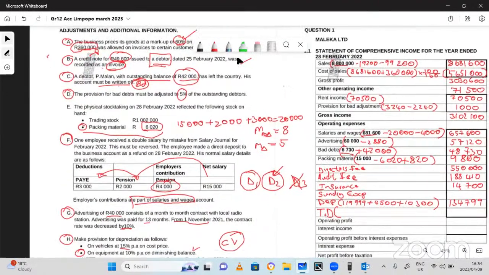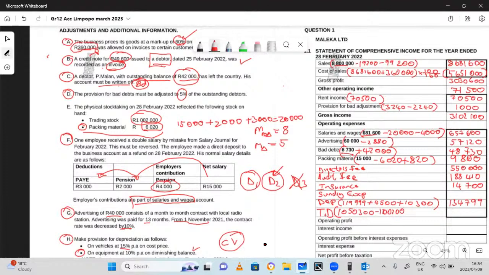So it's 1,050,300 rands. Then the next thing that we do, you subtract the trading stock on hand. This is our trading stock on hand, 1,002,000 rands.